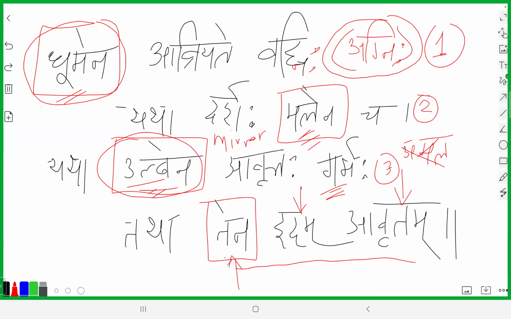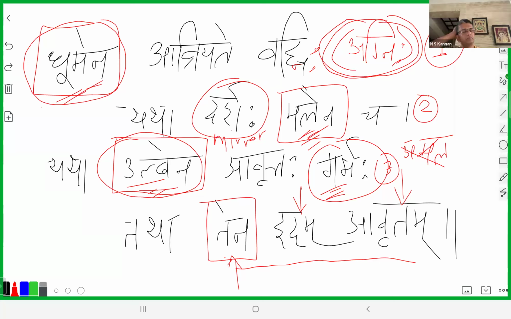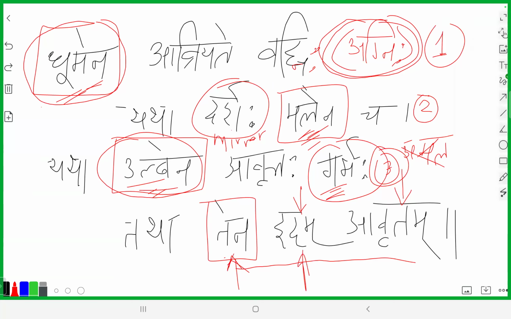Can it be removed by keeping the garbha intact? You could remove the mala by keeping the mirror intact. You could remove the dhuma by keeping the Vahni intact. But here you have a covering which is so integral that it cannot be removed. That is the third level of covering. And what is this idam and what is this tena?